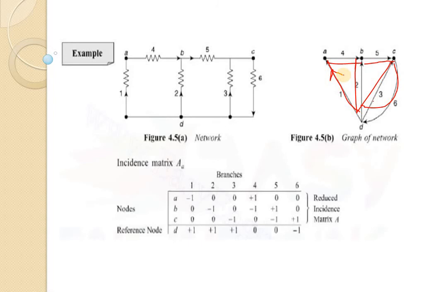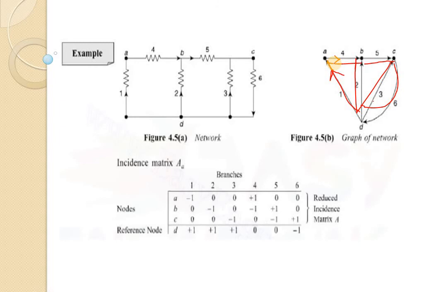Then branch 2 has no relationship with node A, so it is 0. Then branch 3 has no relationship with node A, so it is again 0. But branch 4 is leaving from node A, so it will be plus 1. Remaining 5 and 6 branches have no relation with A, so it will be 0.